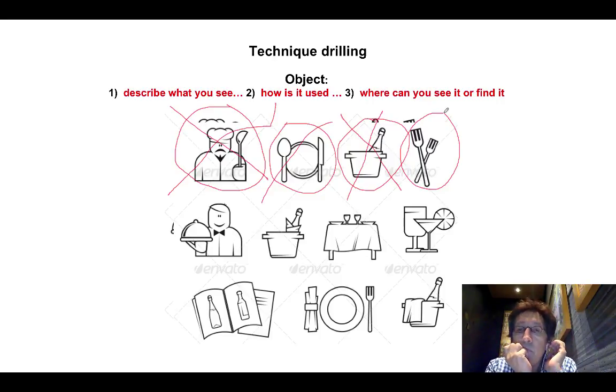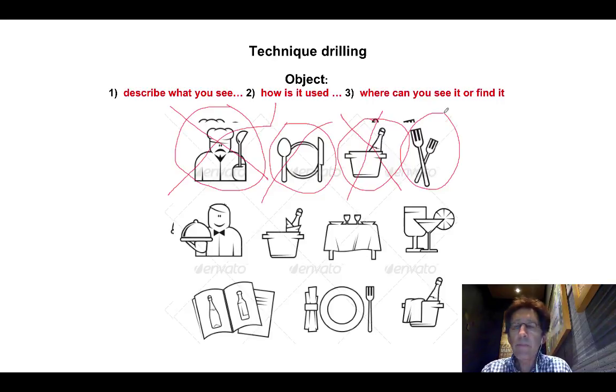Next one, I see there are two objects which are made from steel, and they are just like hand fingers, which has three fingers and an arm.